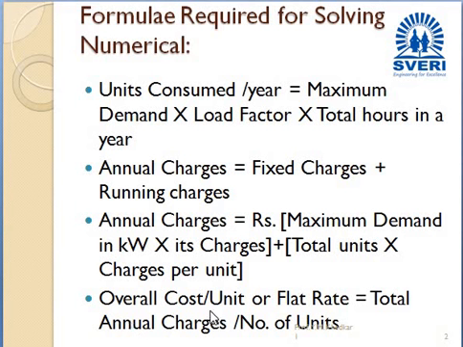The overall cost per unit, or flat rate, as it is also known, will be calculated by the formula: total annual charges divided by number of units. Now you will have to write these 4 formulas in your notebook or in your notes, because we need to use these formulas at many places.